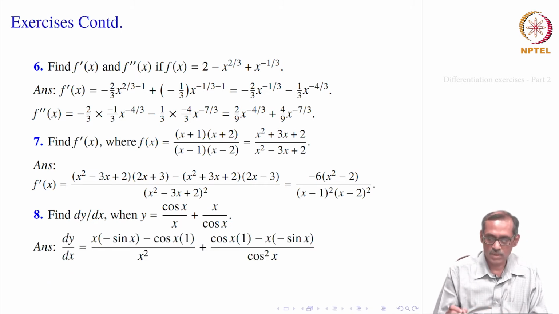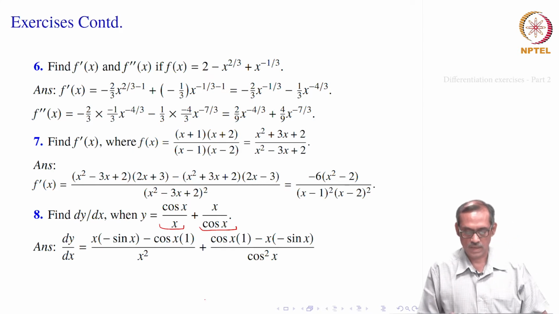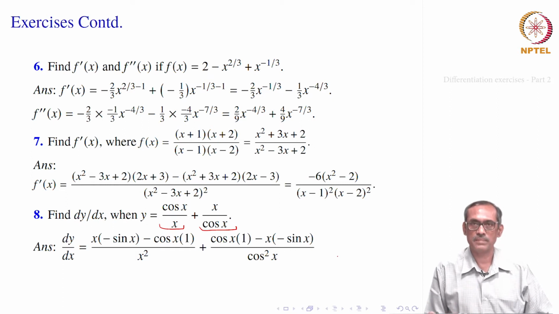Okay, we just use our rules. So, dy/dx first is derivative of the first term plus derivative of the second term, and for the first term its denominator is x. So, it is x times differentiation of cosine x, that gives minus sin x, minus cosine x times differentiation of x, which is 1, divided by x square.